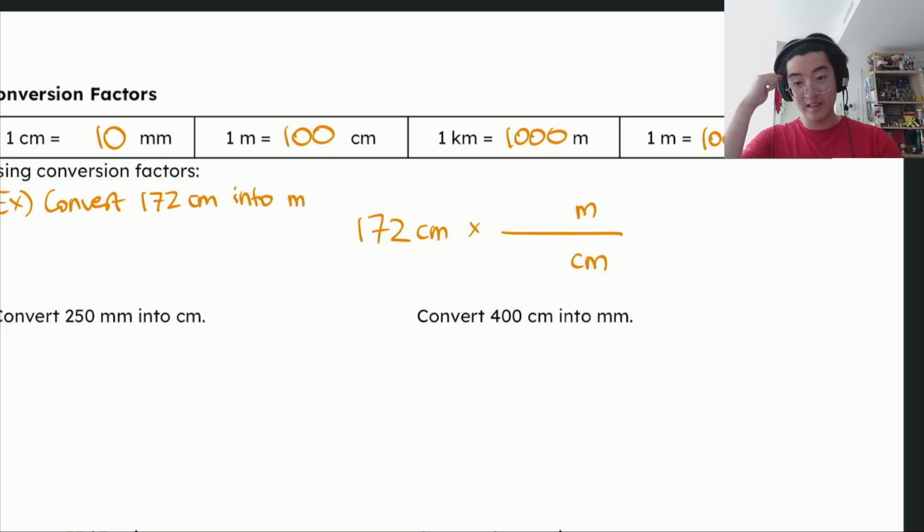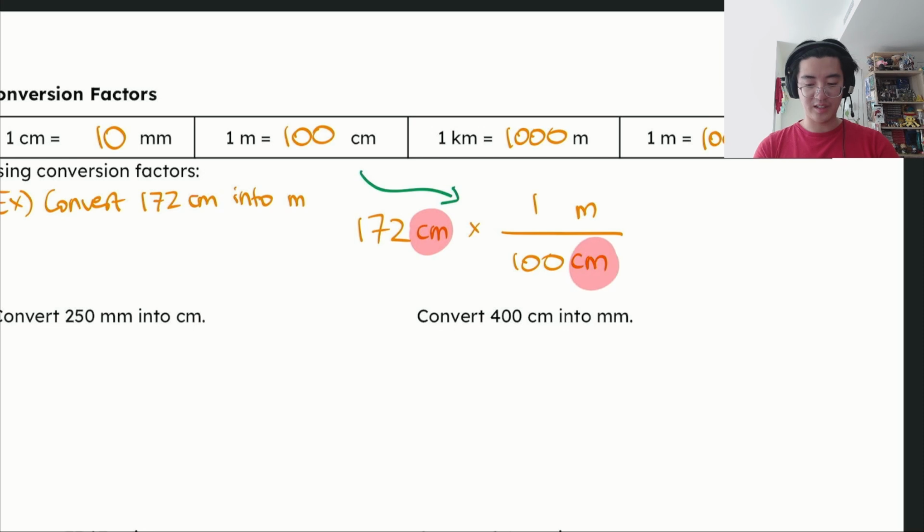Okay, and then from there, we find a conversion factor. We know 1 meter is 100 centimeters. So, it's 1 over 100. Right, from there, the unit we want to cancel out gets cancelled out. The unit we want to convert to stays.